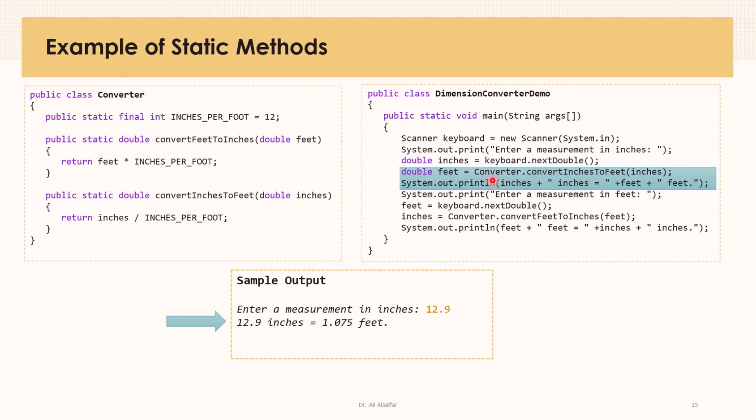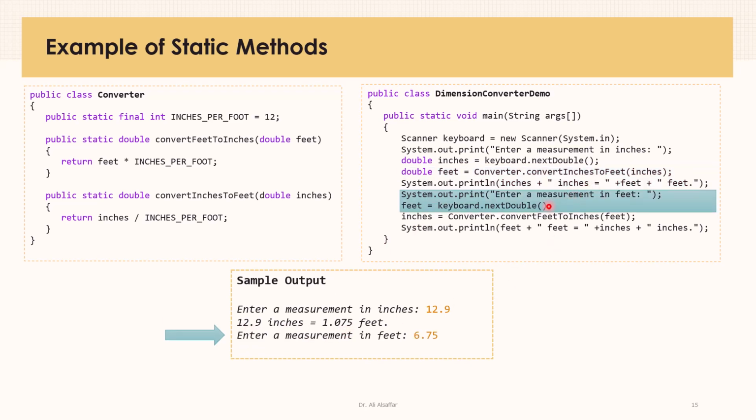See, we did not create any object. We simply use the name of the class, Converter, and we use dot, and we accessed the method directly because it is static. And as you remember, when we say static, it means that the method is always there, regardless of whether you create an object from this class or not. And it will convert the value entered by the user, 12.9, and the result is displayed on the screen.